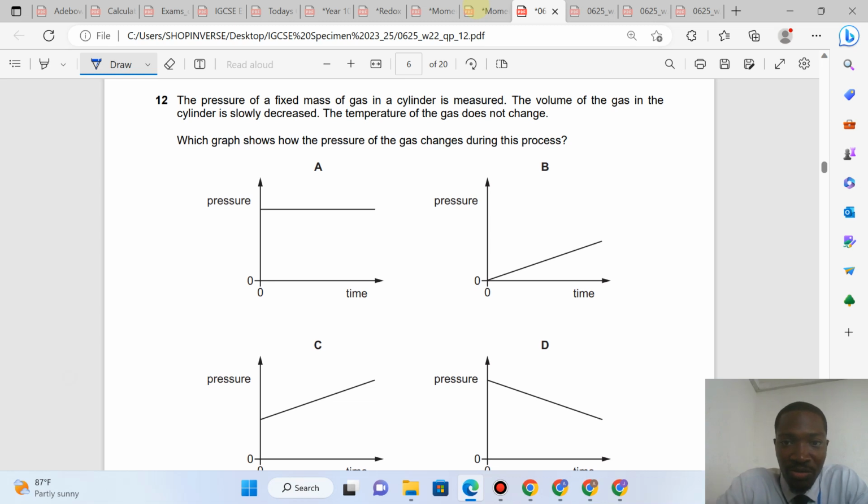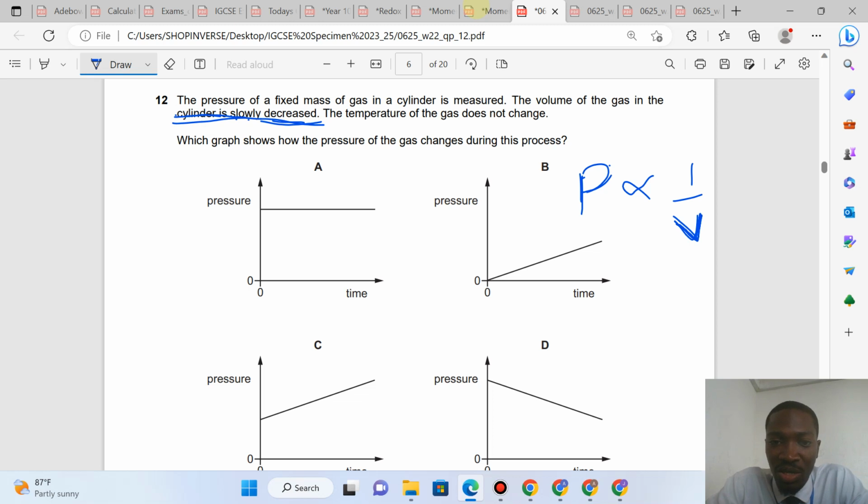The volume of the gas in the cylinder is slowly decreased. When you are decreasing volume, what happens? Pressure is proportional to 1 over volume. That means pressure is inversely proportional to volume. That simply means when volume is increasing, pressure will be decreasing, and when volume is decreasing, pressure will increase. Now when volume is slowly decreased, that means pressure is meant to be increasing with time.